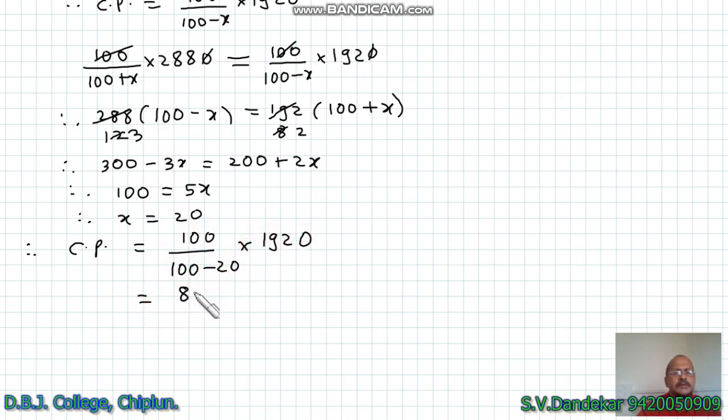It is 100 divided by 80 into 1920. 0 cancels out. I know 24 8s are 192, and therefore cost price is rupees 2400.